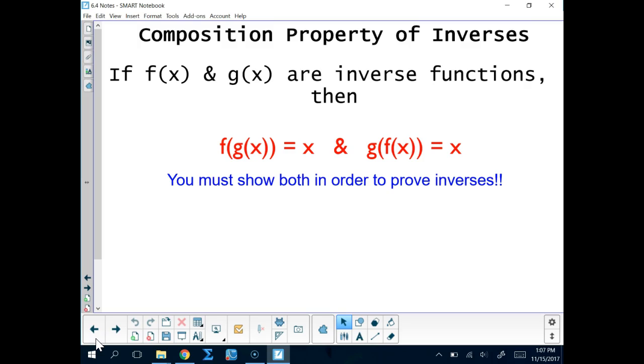And in order to truly prove that they're inverse functions, you have to show both of those. You have to put f into g and get out x, put g into f and get out x. If you get out something else, they're not inverses. If they're inverses, the only thing you're going to get out is x. Okay? Let's try it.